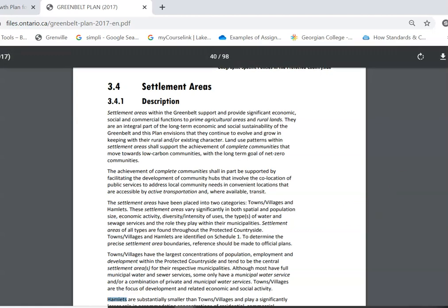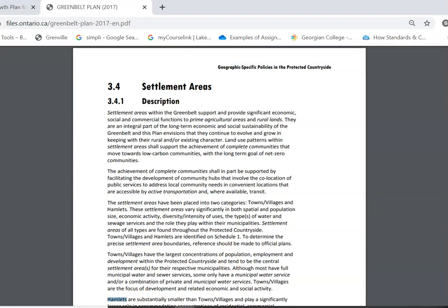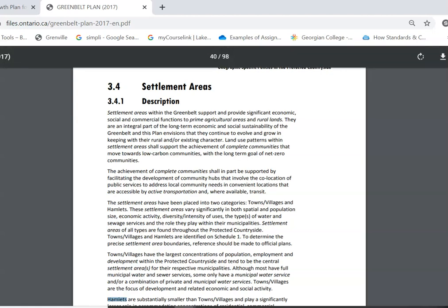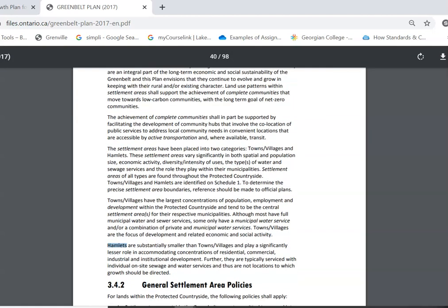Okay, and so as you look at that, what I'm hoping that you see is that towns and villages are often larger. All right, and when we think about servicing towns and villages, normally you have municipal services that are provided. When you think about hamlets, those hamlets are smaller, and often they have on-site sewage and water services. So think private well, private septic system that is servicing those communities.